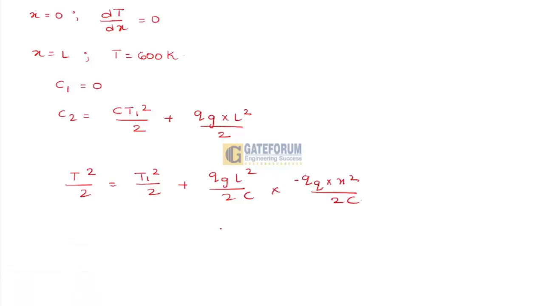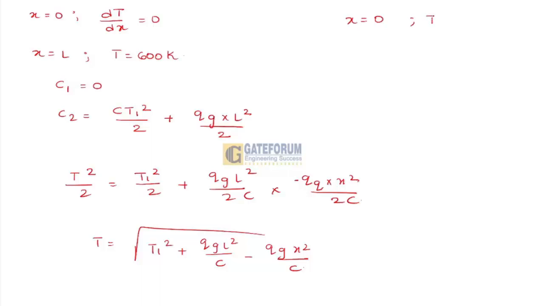Now T is equal to the root of T1 squared plus qG L squared by C minus qG x squared by C, where when x equal to 0, T equal to T max.